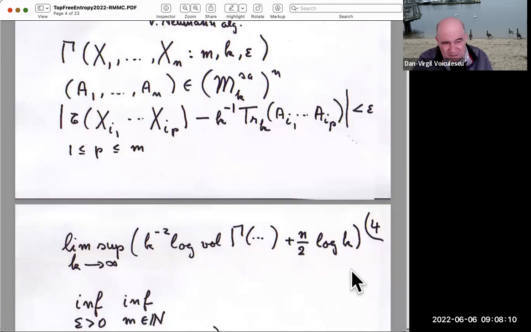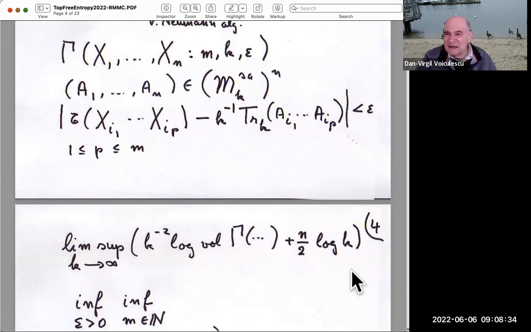That's the first thing one does. And then one takes infimums over epsilon and over m. So these spaces of microstates become smaller and smaller when the approximation is improved, and one takes the inf of what one gets in this approximation.